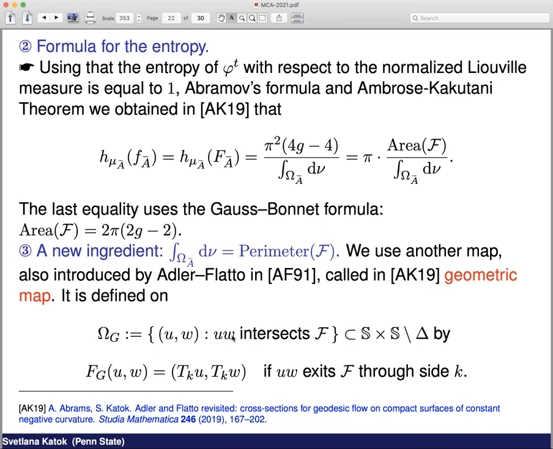Okay, so the domain is defined like this. It's also a pair of points u, w such that the geodesic intersects F. This is a particular fundamental domain, and some geodesics intersect it, some don't, so you only look at geodesics which intersect it. And if it exits through side K, then you apply T_K to both coordinates.